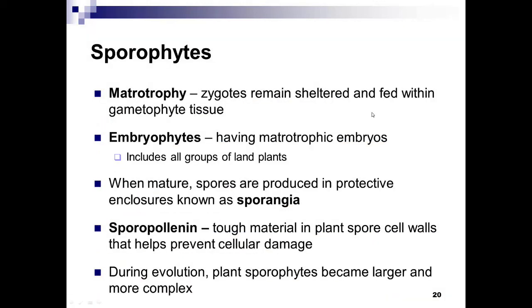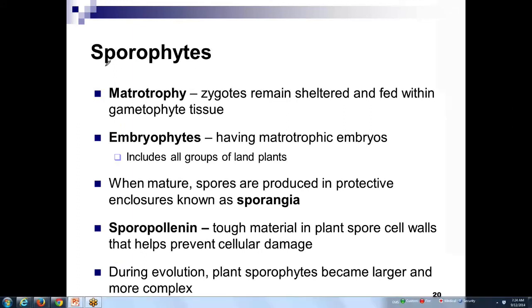Okay, let's go on to a little bit more on sporophytes. In sporophytes, we have this wonderful thing called matrotrophy, where, remember, the zygote, as I showed you earlier, remains sheltered and fed within the gametophyte tissue. Down here at the bottom of the flask-shaped archegonium, you have the zygote, and you have these nutritive tissues giving the little zygote all kinds of nourishment, so it'll grow much faster.